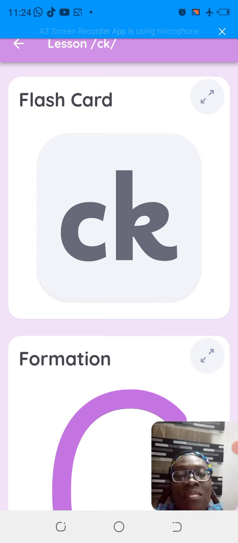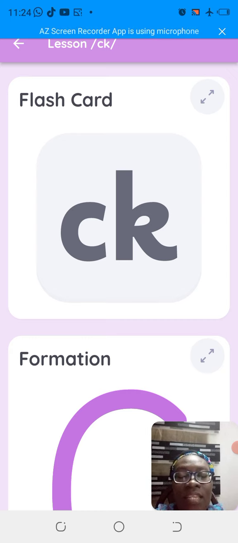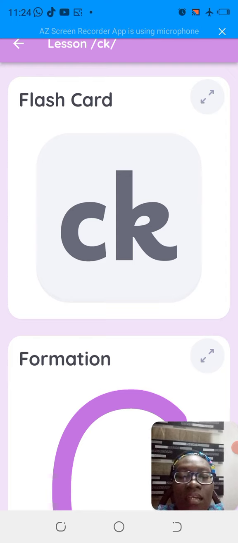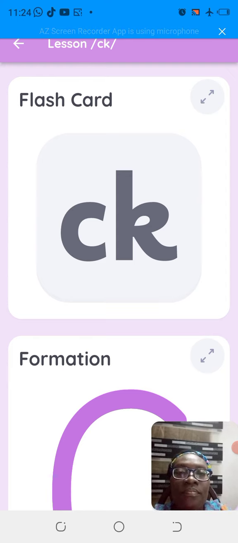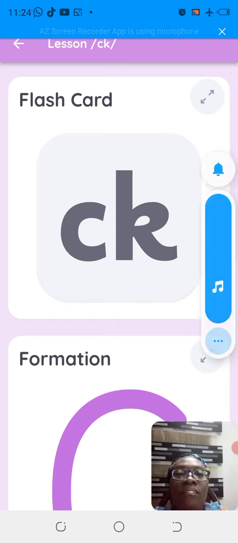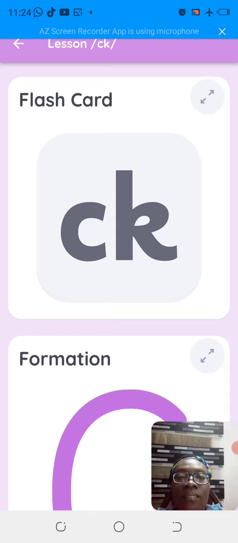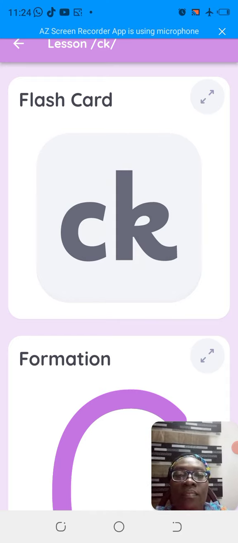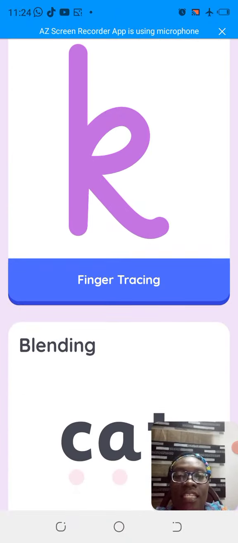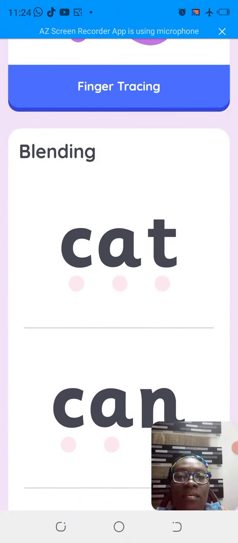So the two of them sound k, k, k, as in cat and kite. The sound again, k, k, k, a sharp sound. That is the sound that letter C and letter K make.